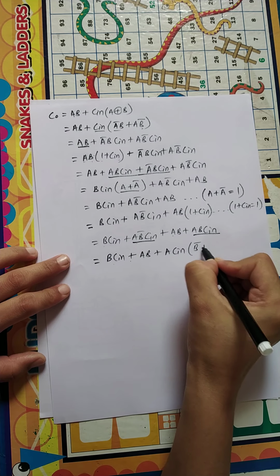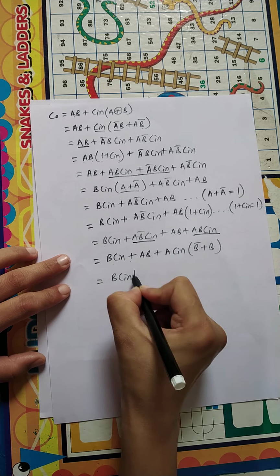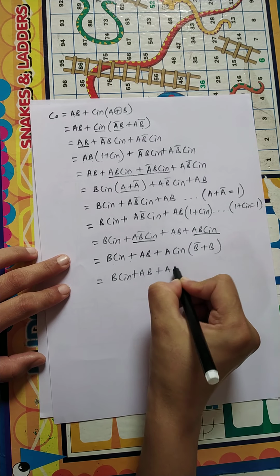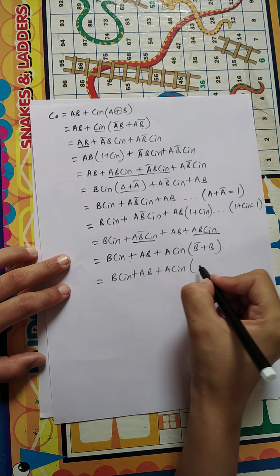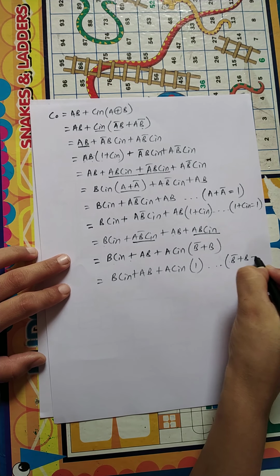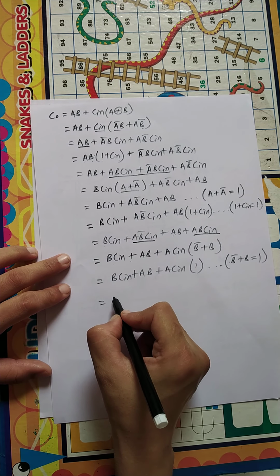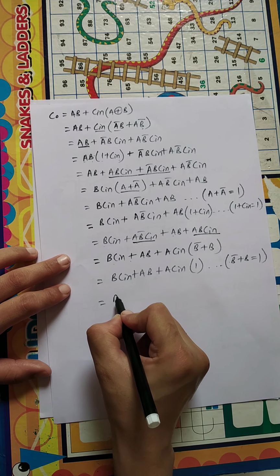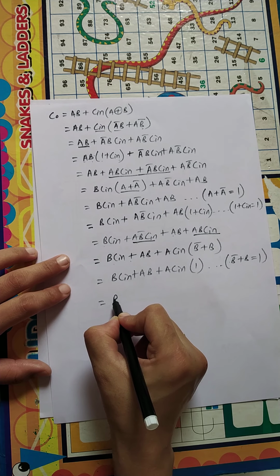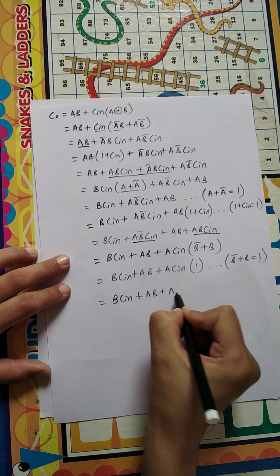Here I'll get B bar plus B. And B bar plus B stands for 1, since there is a Boolean law that B bar plus B is equal to 1. Again now here we will get the equation as BCin plus AB plus ACin.